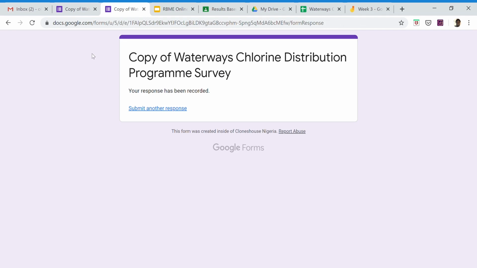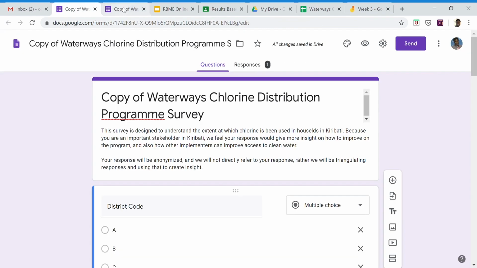That's how the enumerators could also work. What I wanted to explain is that this automatically shows you in real time the number of responses that you are getting. As it moves from 10 to 15 to 20 to 30, you keep getting the number of responses from people.